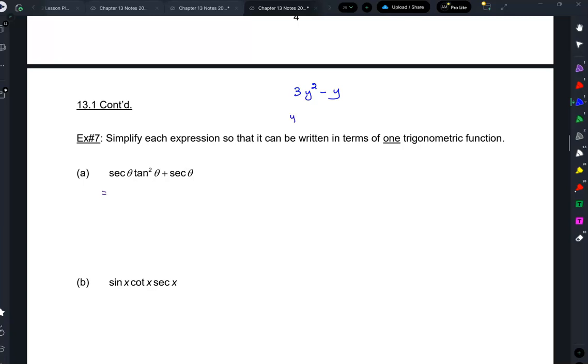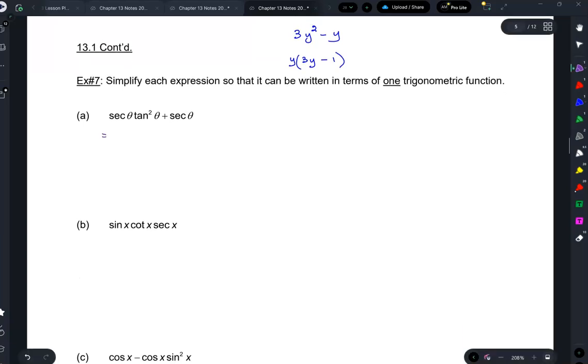I can factor out a y, and what do I get? 3y minus 1. So here, is there a common term that I can factor out? A secant, right? If I factor out a secant, what do I have left from the first thing? Tangent squared theta plus 1.